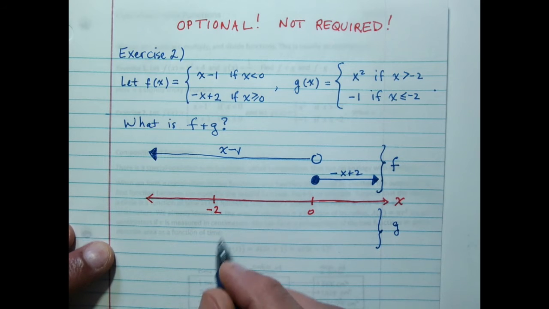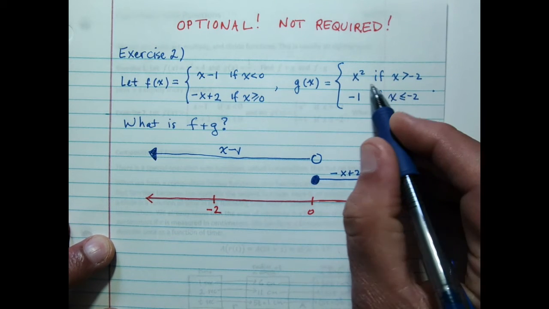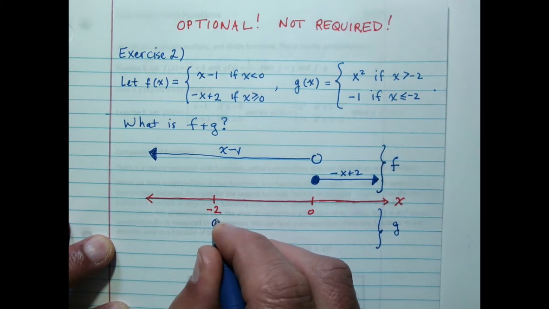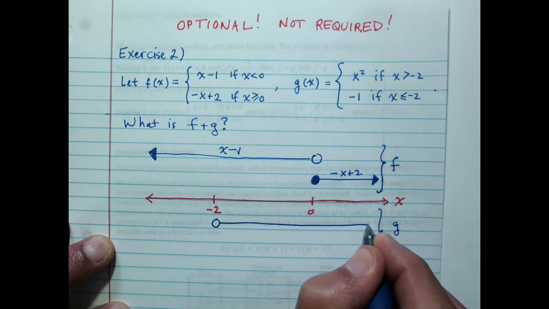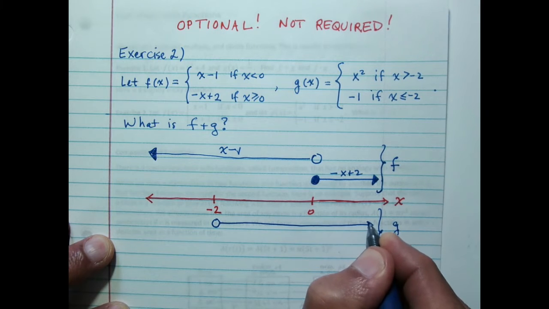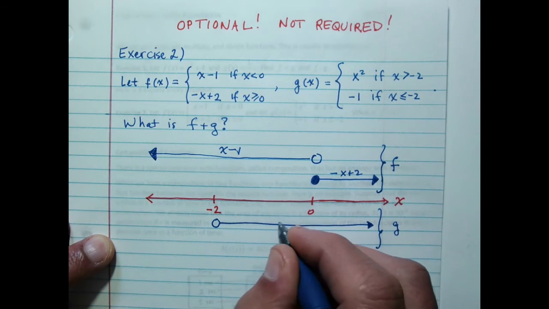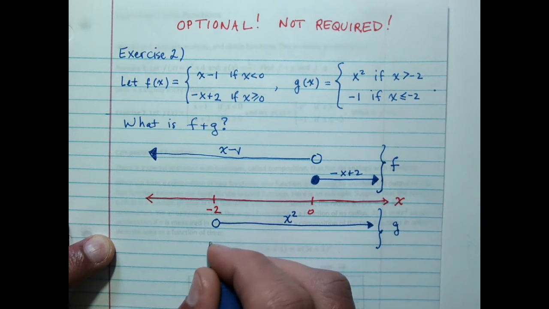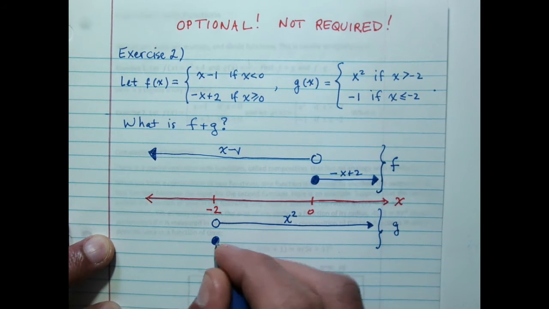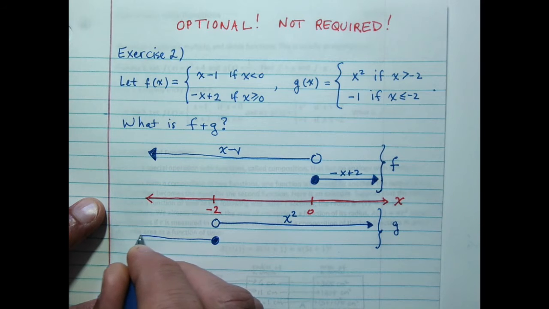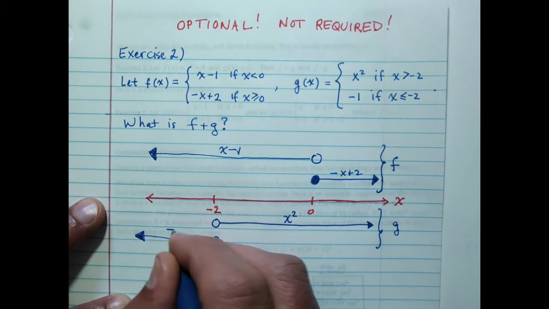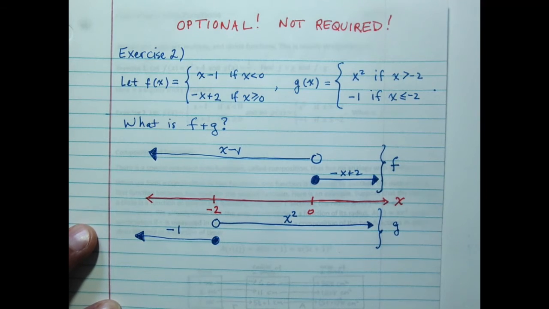For g, if x is greater than -2, I use the x squared expression. But if x is less than or equal to -2, I use just the constant -1.